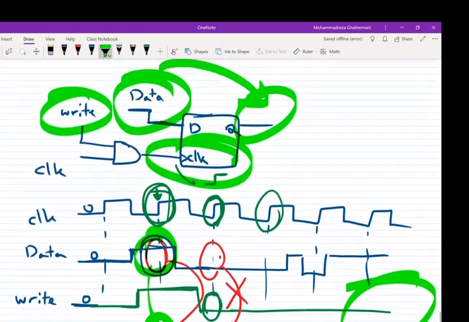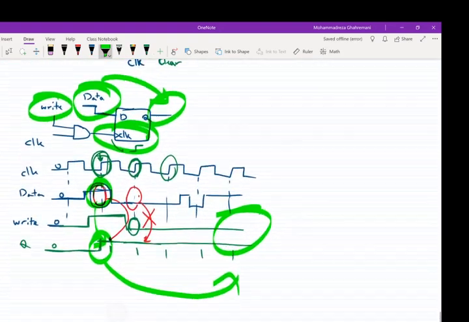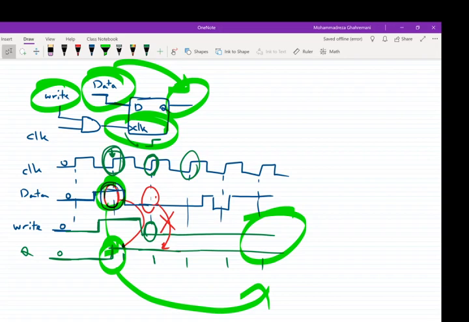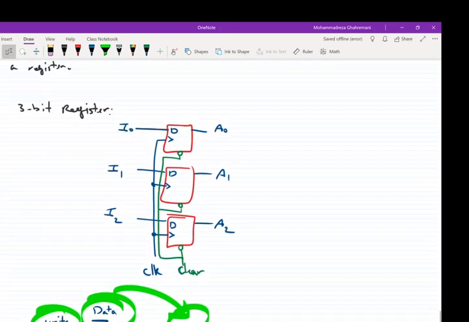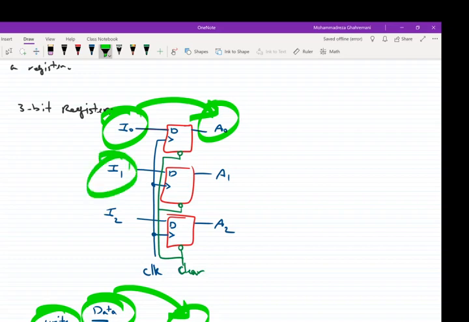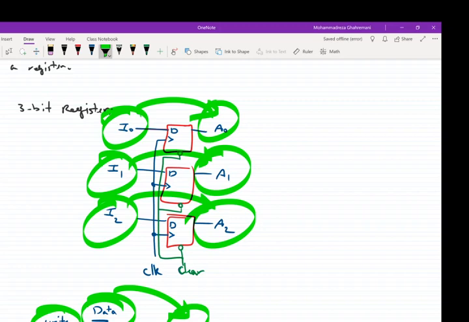So it's the way we can store data in one flip-flop. If we have n flip-flops, they can store n bits of data, and it is called a register. So for a register, I0 moves to A0, I1 is stored in A1, I2 in A2. There is no movement or shifting in this data.